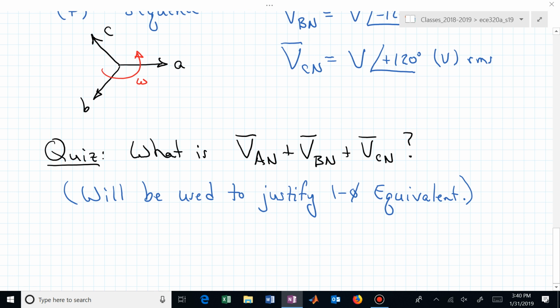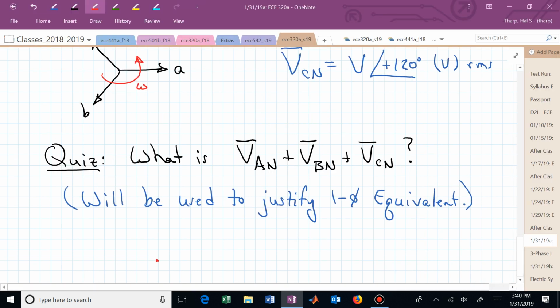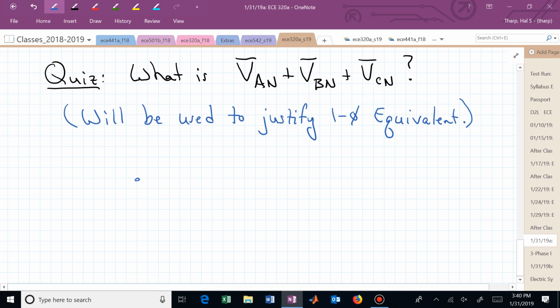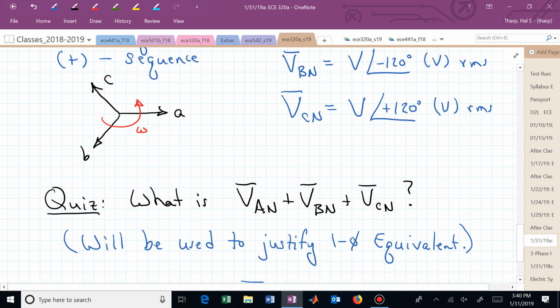Well, if you now simply connect these phasors, A phase, B phase, and C phase, together, head to tail, you can hopefully see that if I now start here, there's V sub AN as a phasor. Now you add to that V sub BN as a phasor, and didn't B go down at an angle of minus 120?